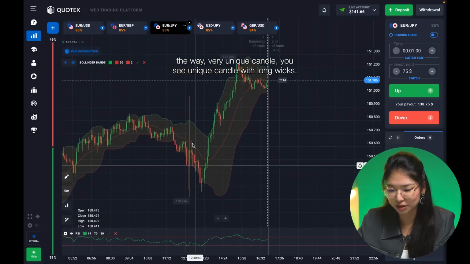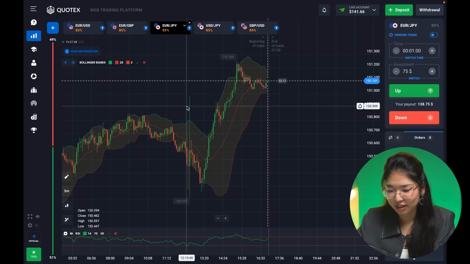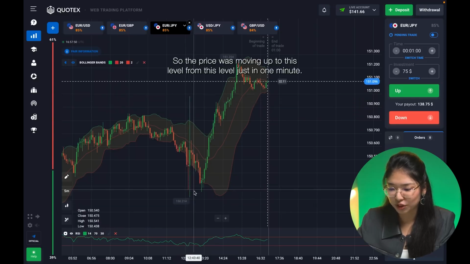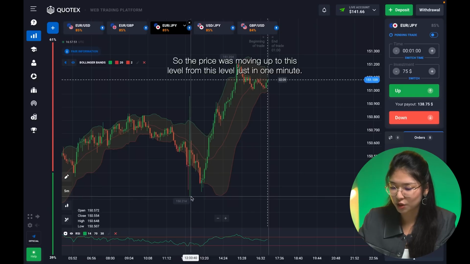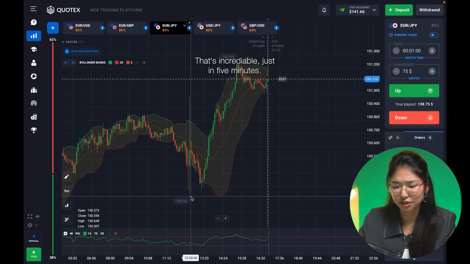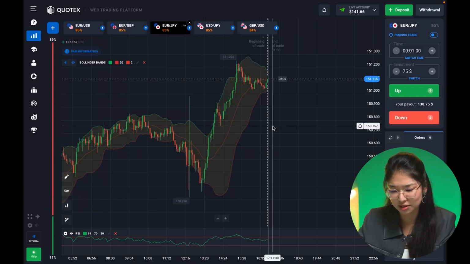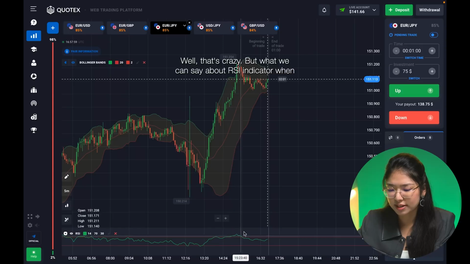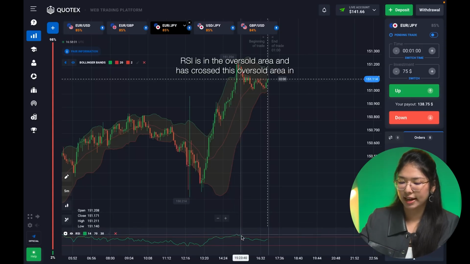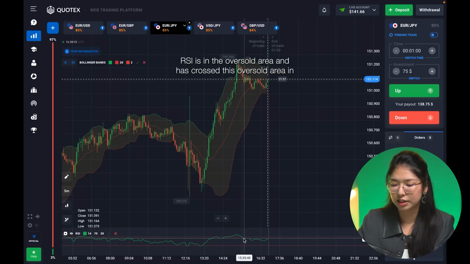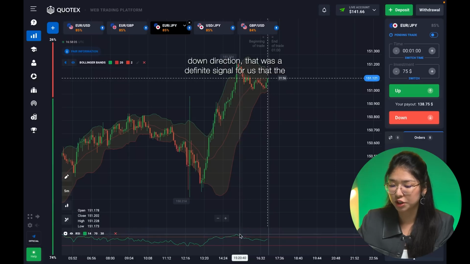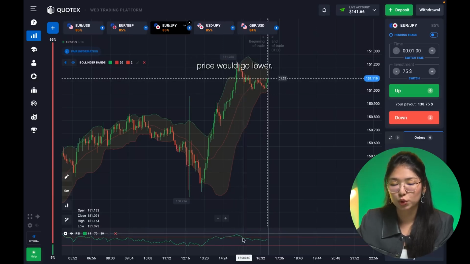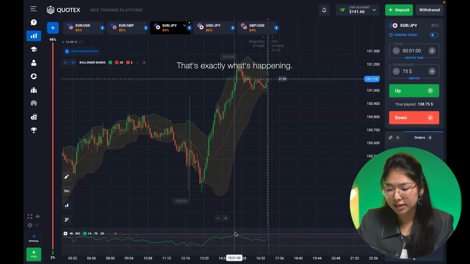You see a unique candle with long wicks. So the price was moving up to this level, from this level just in 1 minute, and that's incredible, just in 5 minutes. But what can we say about the RSI indicator when RSI is in the oversold area and has crossed the oversold area in that direction? It was a definite signal for us that the price would go lower. That's exactly what's happening.